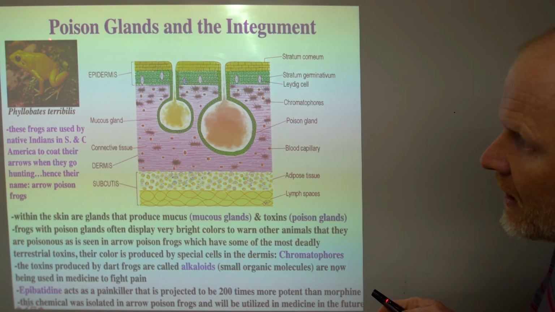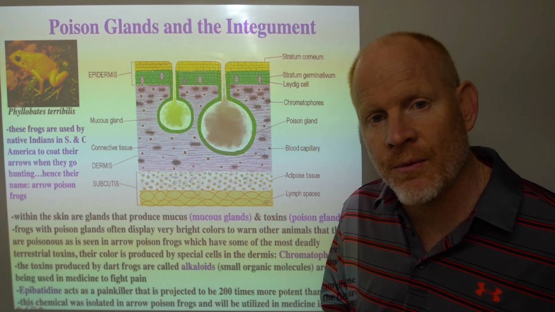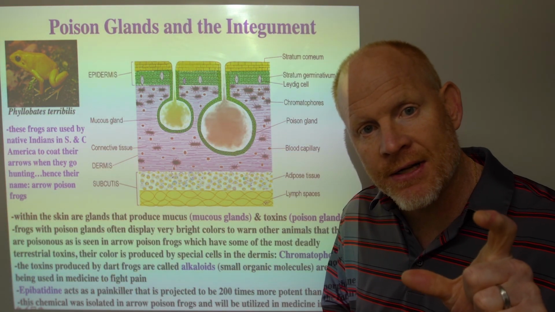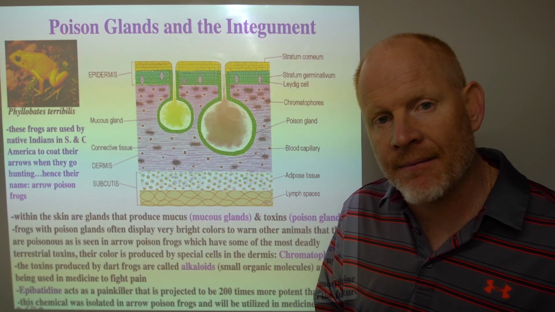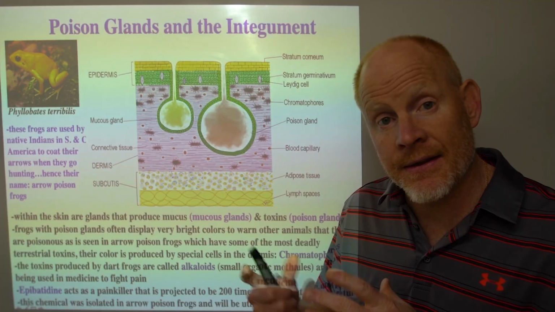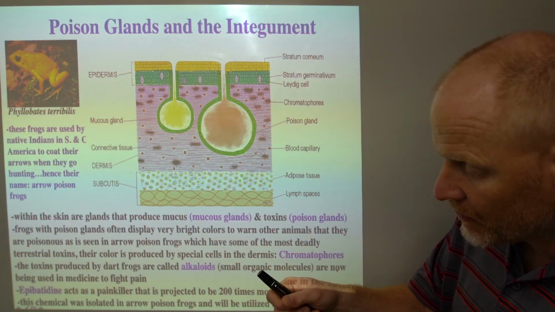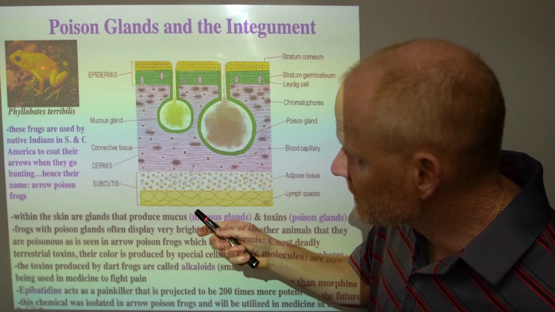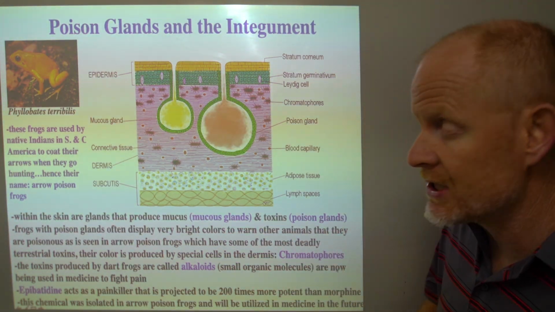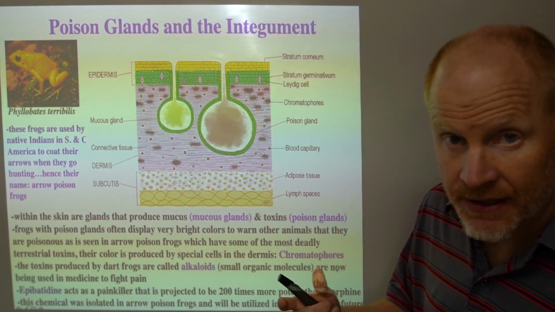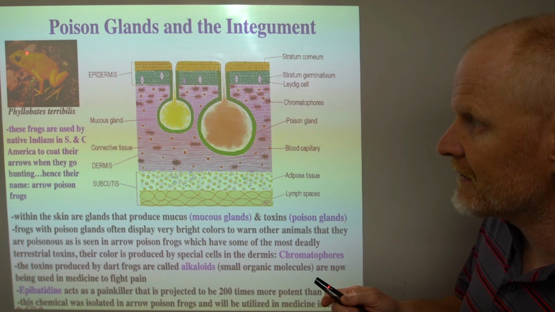And some of these frogs, like this one here, Phyllobates terribilis, one of my favorite frogs, is one of the original described dart frogs that are coated by the indigenous people of Colombia, and other frogs in this group are also utilized this way by tribes throughout South America. They rub their darts on the surface of the skin, and these skin toxins cause paralysis and suffocation in animals or in humans. So these guys are left alone.